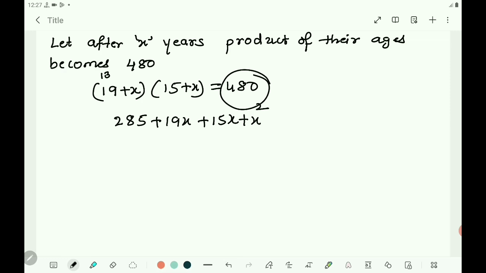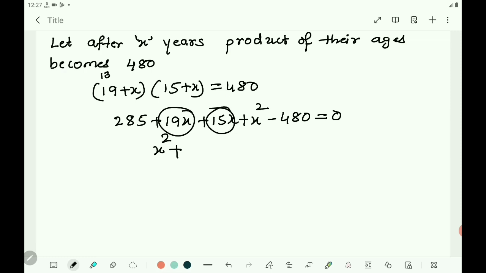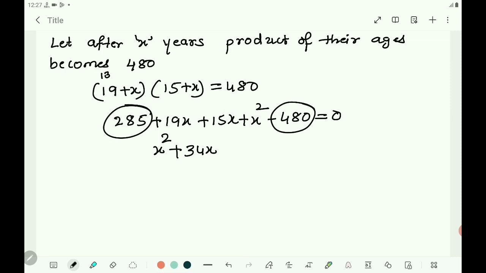Transfer this 480 to LHS equals 0. Then write x square as the first term to bring this to the form of ax square plus bx plus c equals 0. Plus 19 plus 15 is 34, minus 480 plus 285 is there.